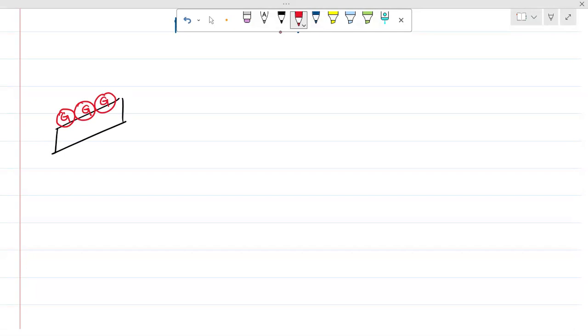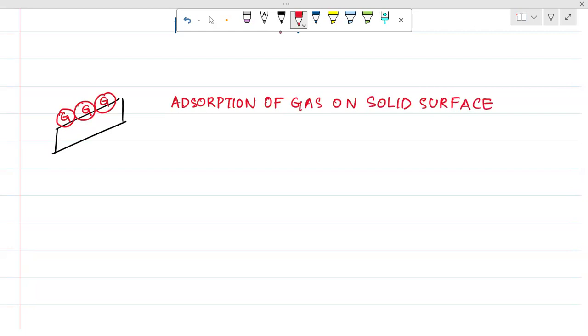So write down the next heading, adsorption of gas on solid surface. This is what we have to learn in detail. Now, depending on the interaction between the gas and the solid surface, we can see that the gas is getting adsorbed.